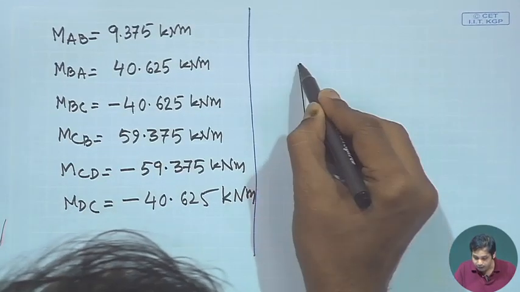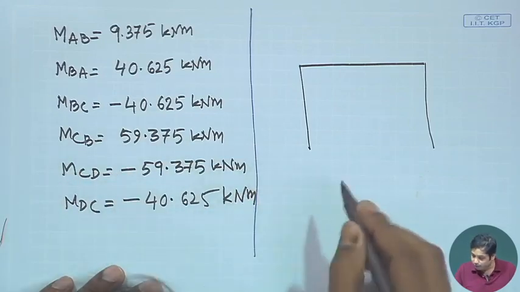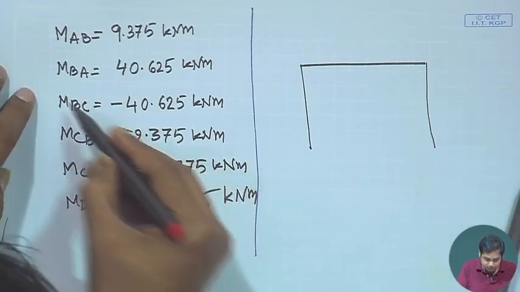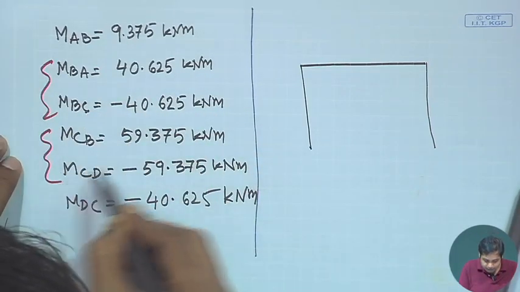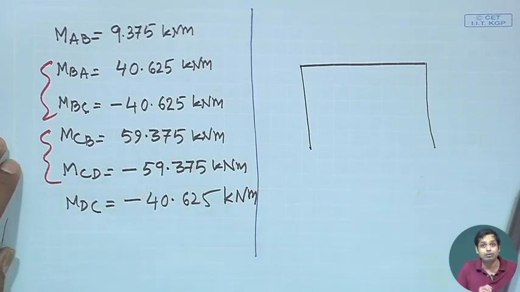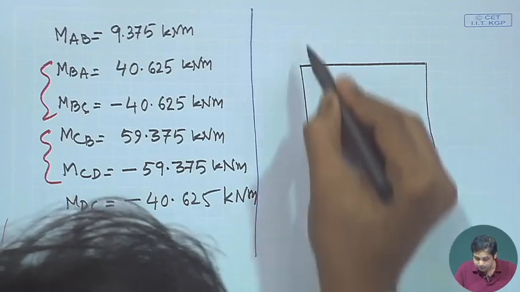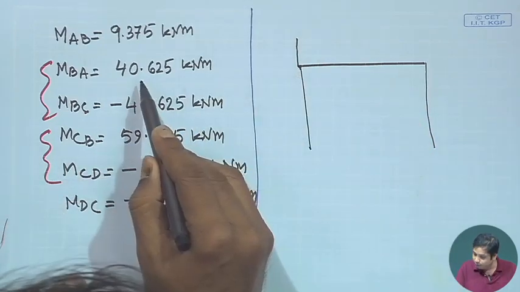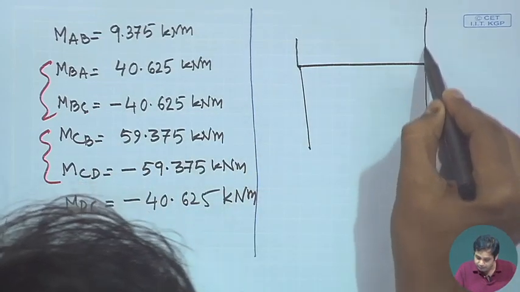The bending moment diagram becomes like this, very similar to the previous case. Again you can check that equilibrium is satisfied: MBA plus MBC is equal to 0, MCB plus MCD is equal to 0. At B it is 40.625, and then at C it is 59 point something.